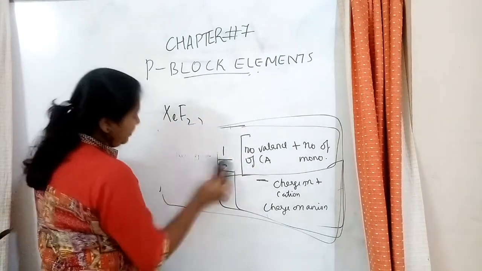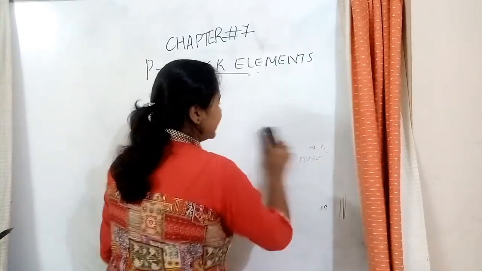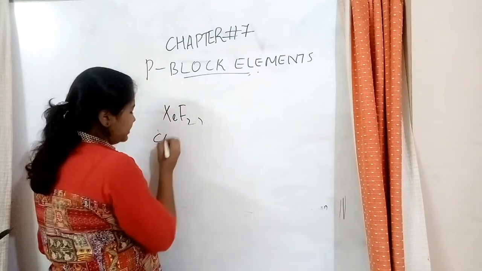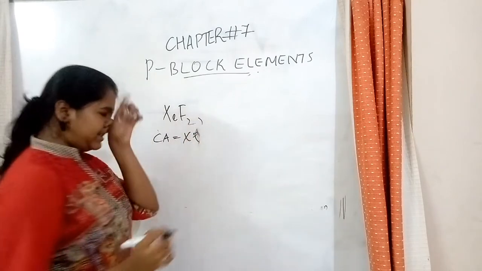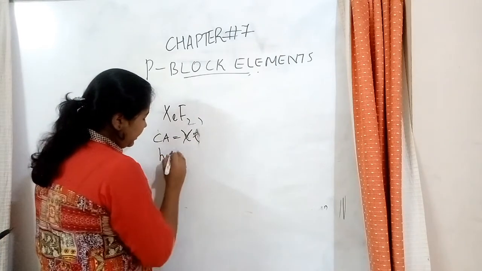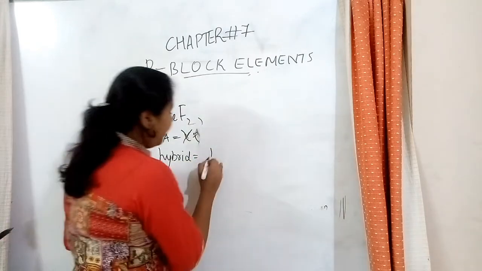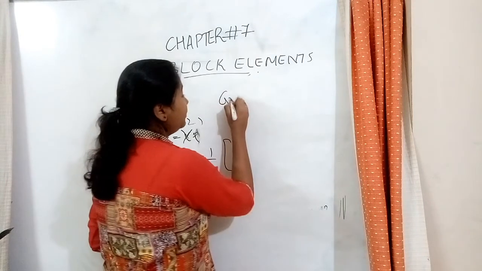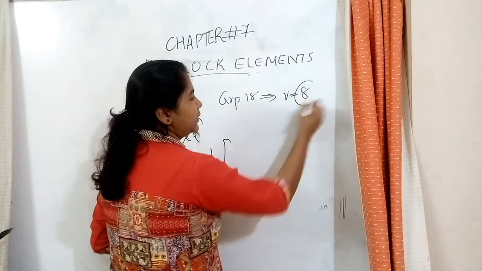So let's see about XeF2. What is the central atom of XeF2? That is Xe. So central atom is equal to Xe. So let's write the hybrid state. That is equal to half into, this Xe comes in the group 18 elements, and hence the valence electrons are equal to 8.